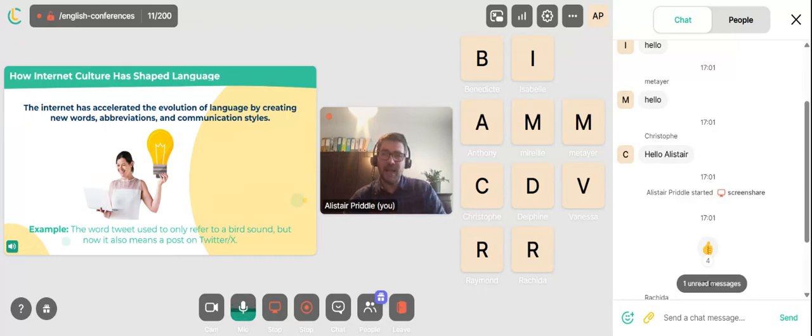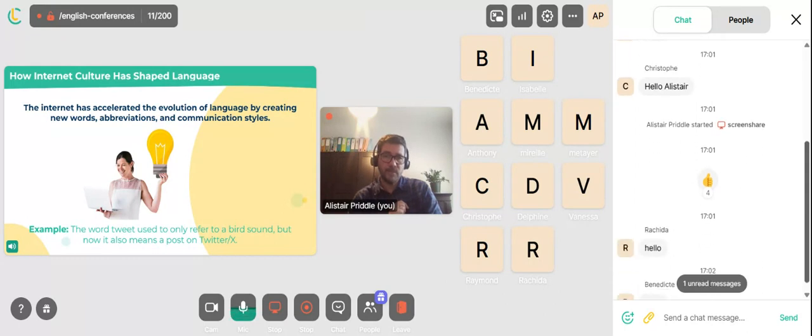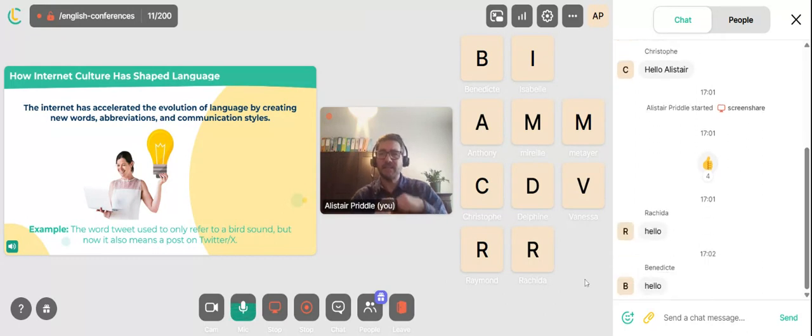The internet has accelerated or speeded up the evolution of language by creating new words, abbreviations, and communication styles.